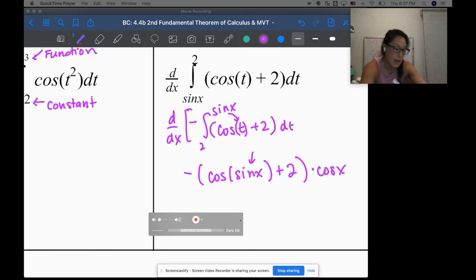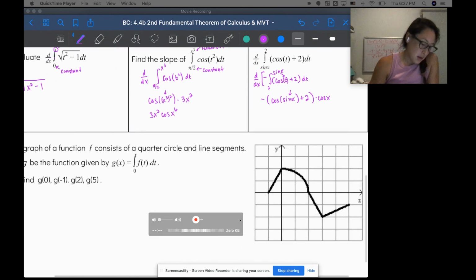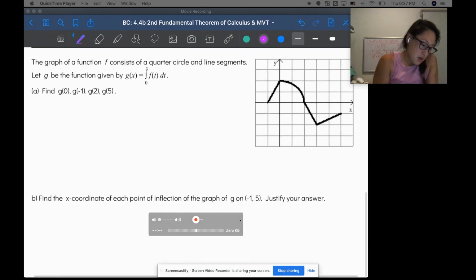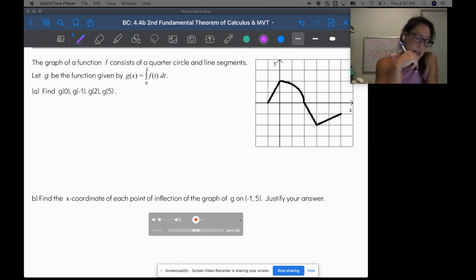All right, the last one. We are going to find the value of each one of these parts. So we're going to find the value of g of x. Right now I have the function f of x over here.